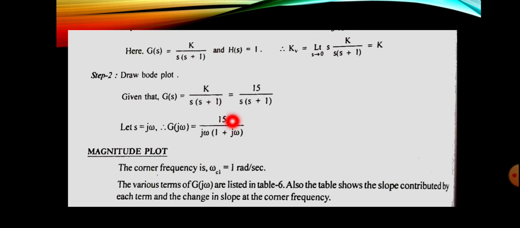So the first corner frequency omega c1 is equal to 1 radian per second. There are no other terms, so there is only one corner frequency, omega c1 equal to 1.